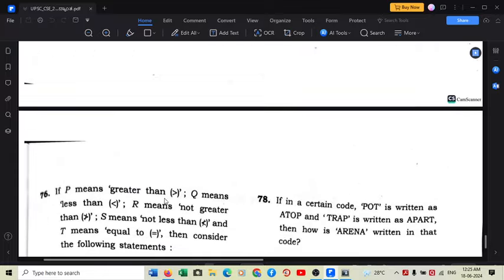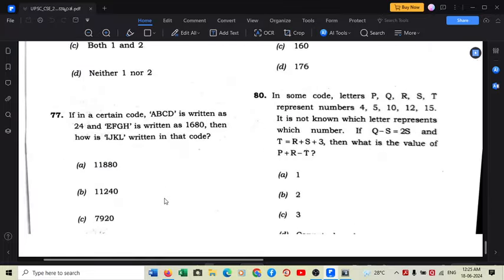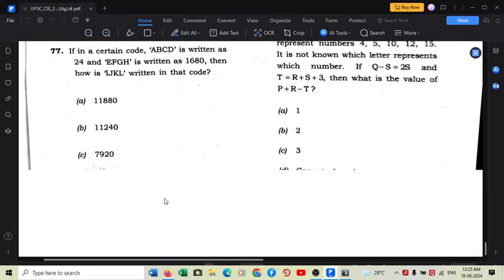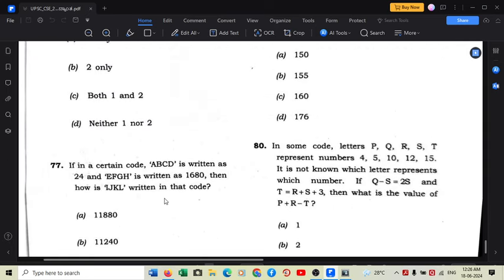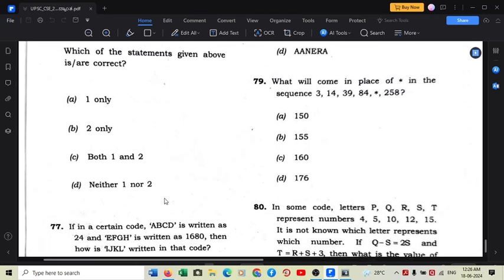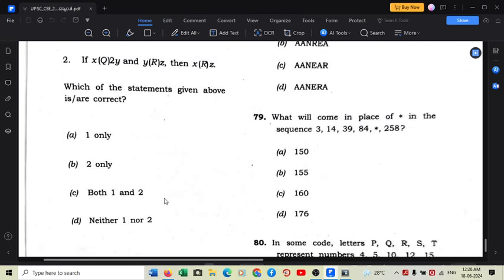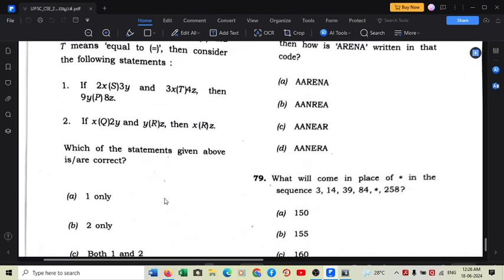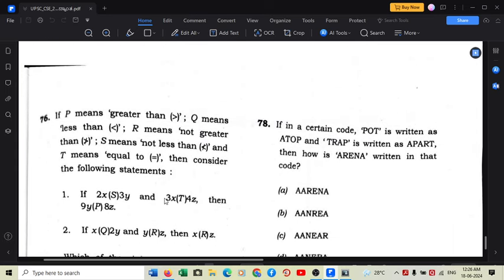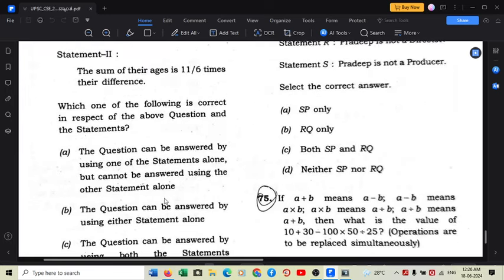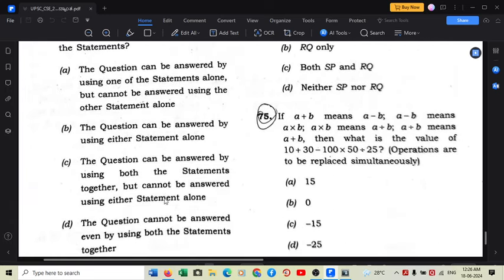So almost we are done with the paper, and I think yes, we have completed set C of the UPSC Prelims examination 2024. I hope you understood, and I hope you appreciated how I was able to differentiate between right and wrong. UPSC is not very difficult in terms of reading comprehension.